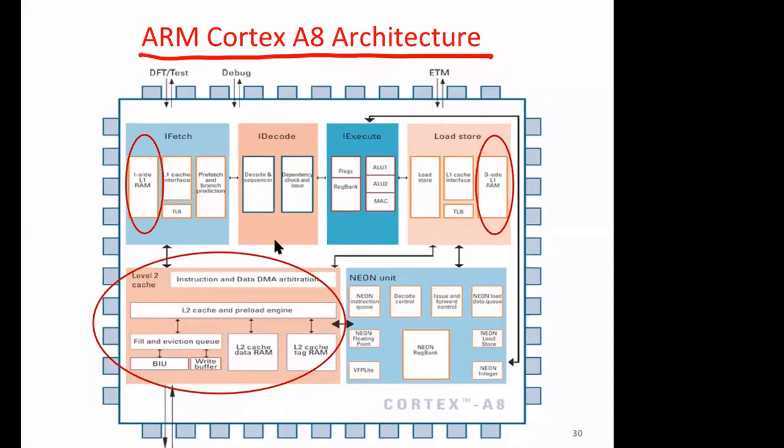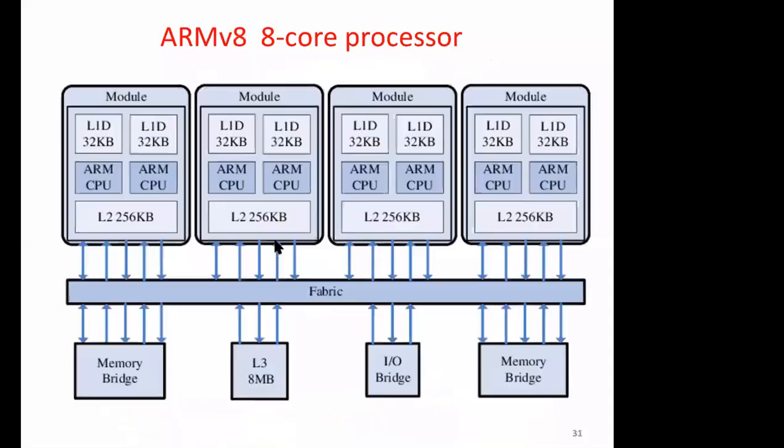Here you can see there are 5 stages. Actually, 4 stages are shown here. Then we have level 1 cache. You can see the instruction cache and the data cache. This is at level 1. This is level 2 cache in the processor, and then level 3 cache will be outside it if it is there. This is another architecture of ARM8.